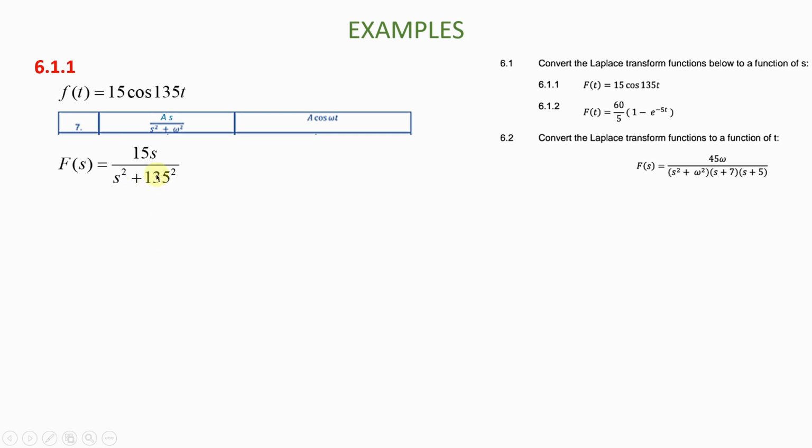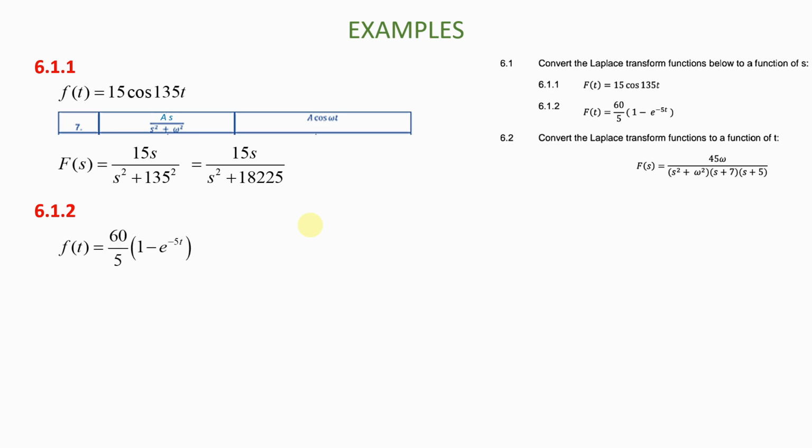And of course, this here, you can write what the value for that is. Okay, so we can go a step further and say that F(s) is actually equal to this. Okay, very important. And so if you can do that, that was all that was expected from you for question 6.1.1.